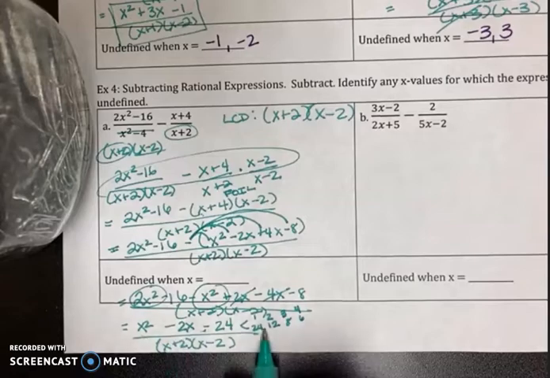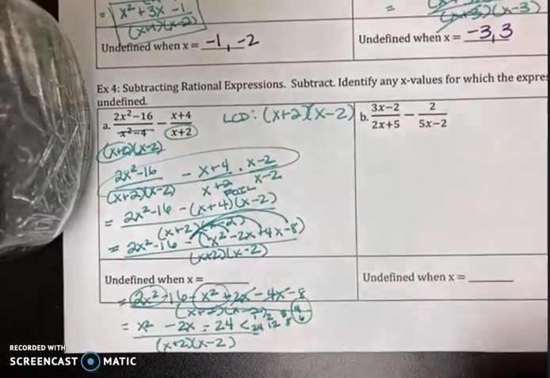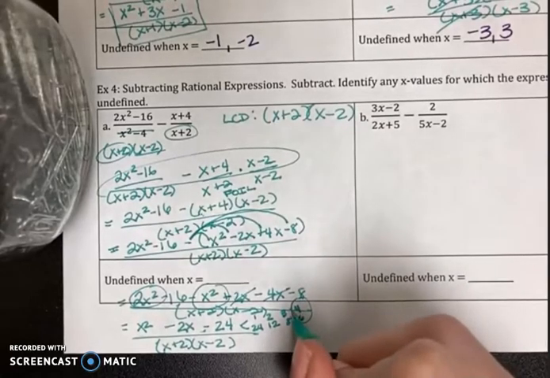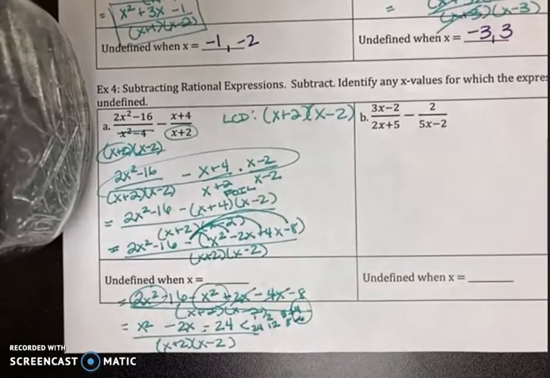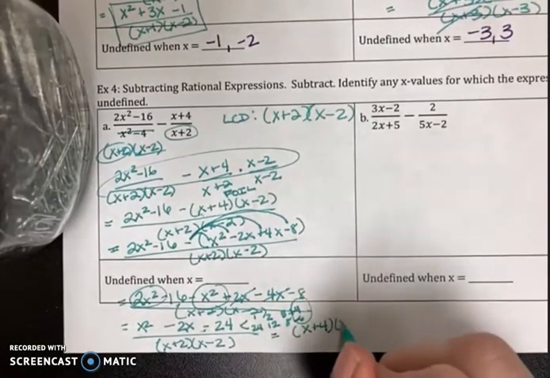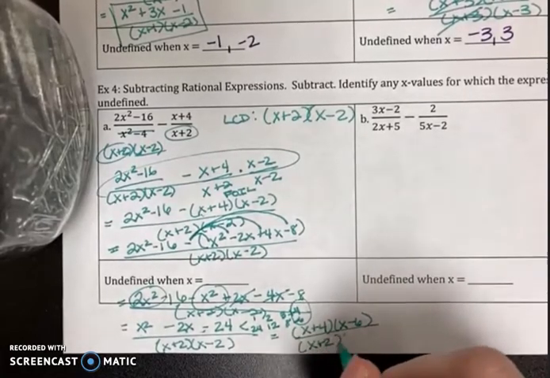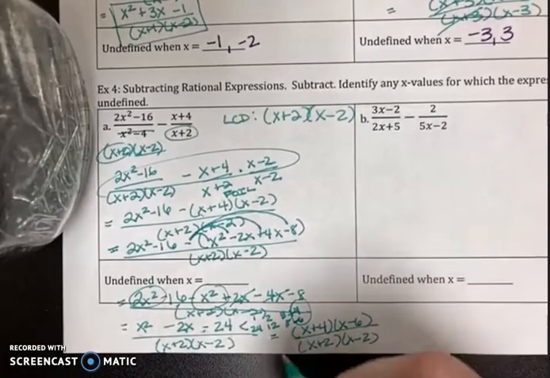Oh, I can do that. If you look here, the 4 and the 6, I can have a negative 6 and a positive 4. That should give me a negative 2. Let's go ahead and write the factored form then. X plus 4, x minus 6 is the numerator, x plus 2, x minus 2 in the denominator.